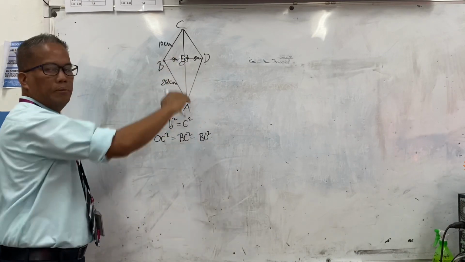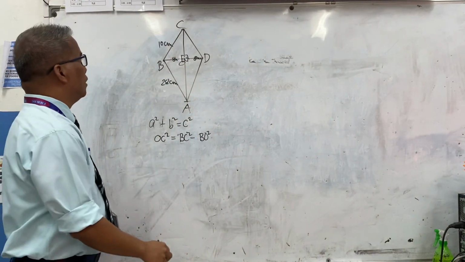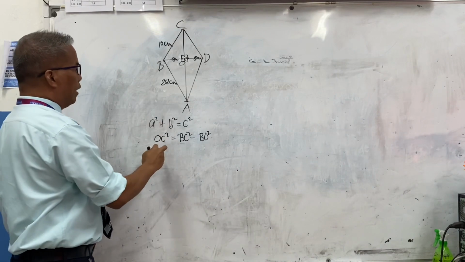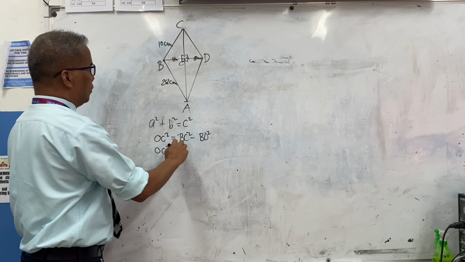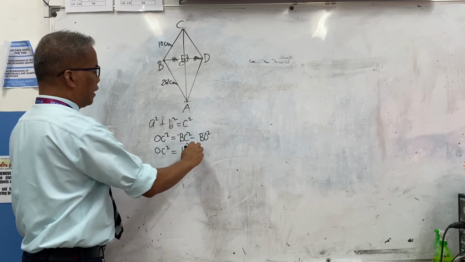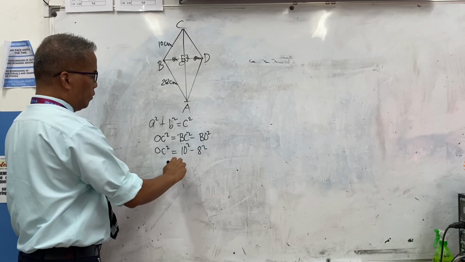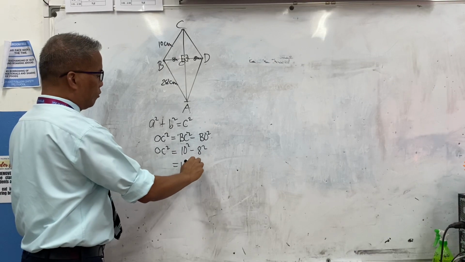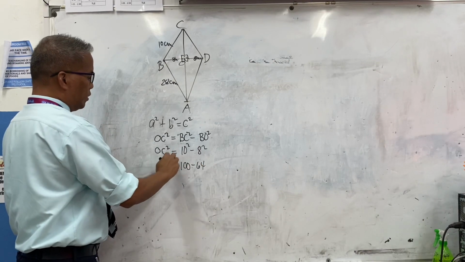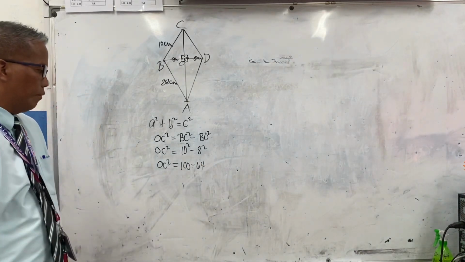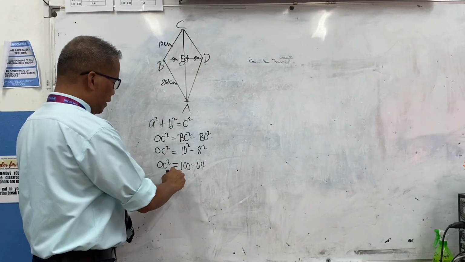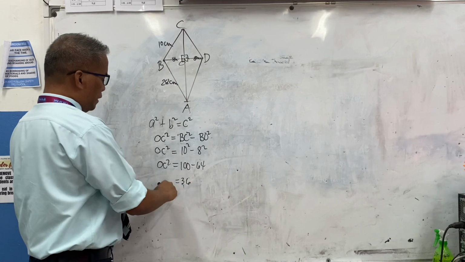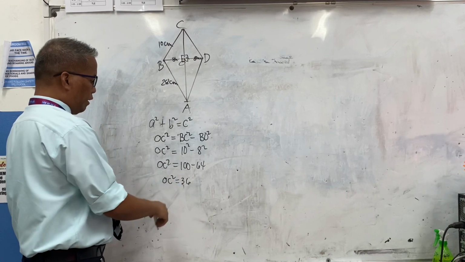By substitution, OC squared is equal to 10 squared minus 8 squared, which is 100 minus 64. 100 minus 64 is equal to 36. So OC squared equals 36.